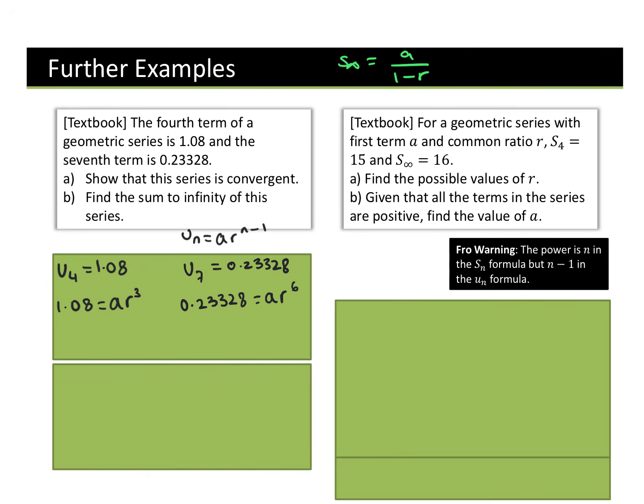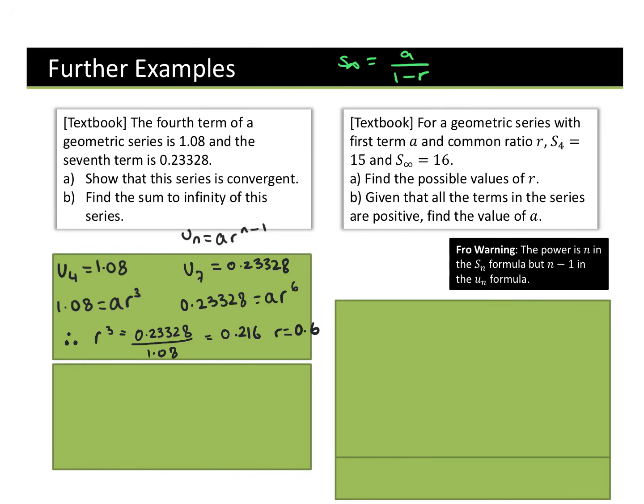Okay? So you can rearrange and then substitute or divide them. But what you'll then find is r cubed equals 0.23328 divided by 1.08, which is 0.216. So if we cube root that, we're going to have r equals 0.6.